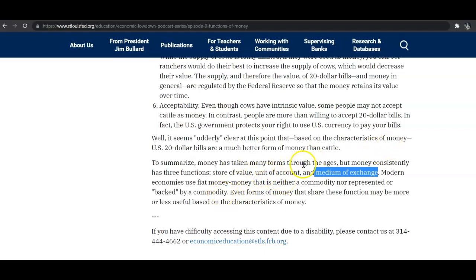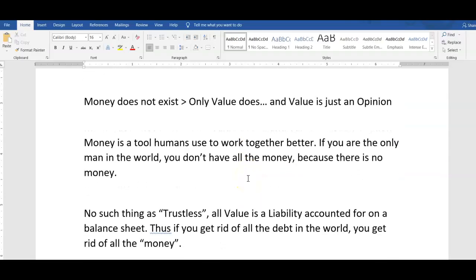So just covering those three things, I want to pop back over here, and these are some of my own phrases. Money does not really exist, only value does. And value is just an opinion. I believe a lot of people kind of fool themselves when they start thinking about money, and there are some people that unfortunately grow a lust for money.